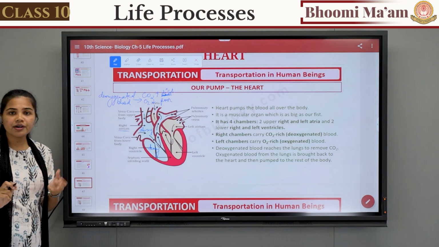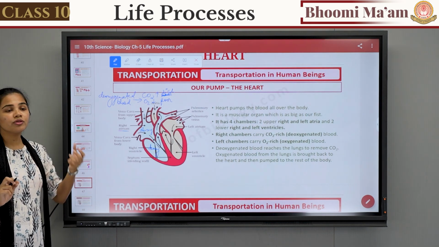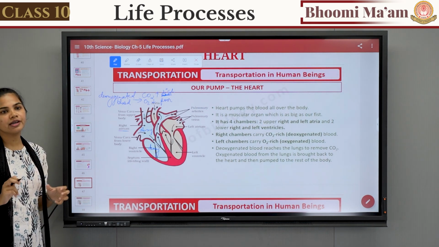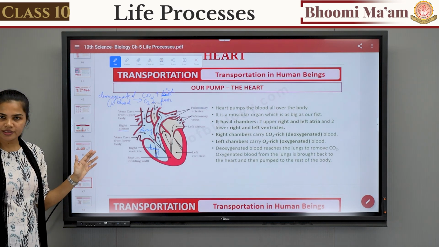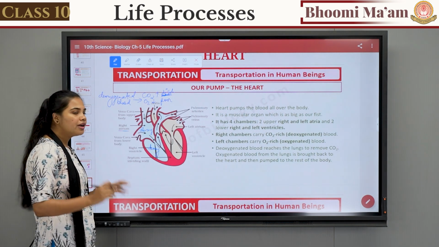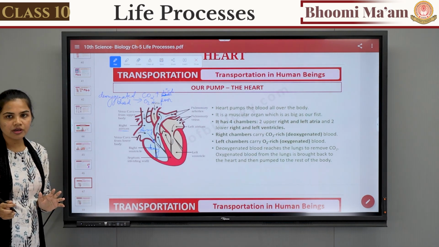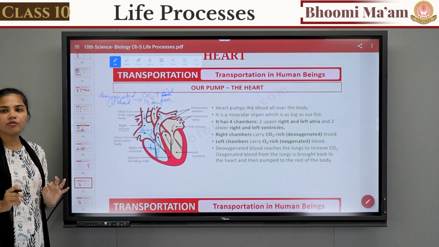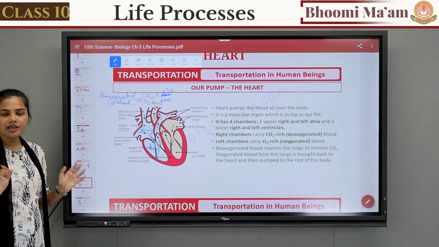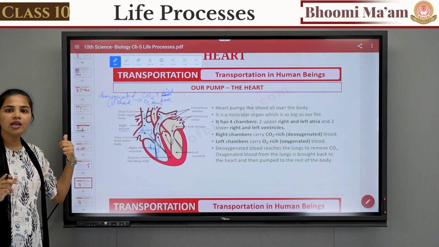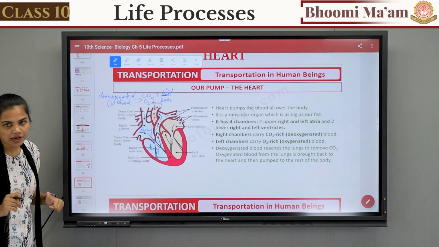And when the right atrium receives this deoxygenated blood, at that time it will remain relaxed. It will collect the blood and pass it towards the right ventricle. Now the right ventricle will relax and receive the blood from the right atrium, right?